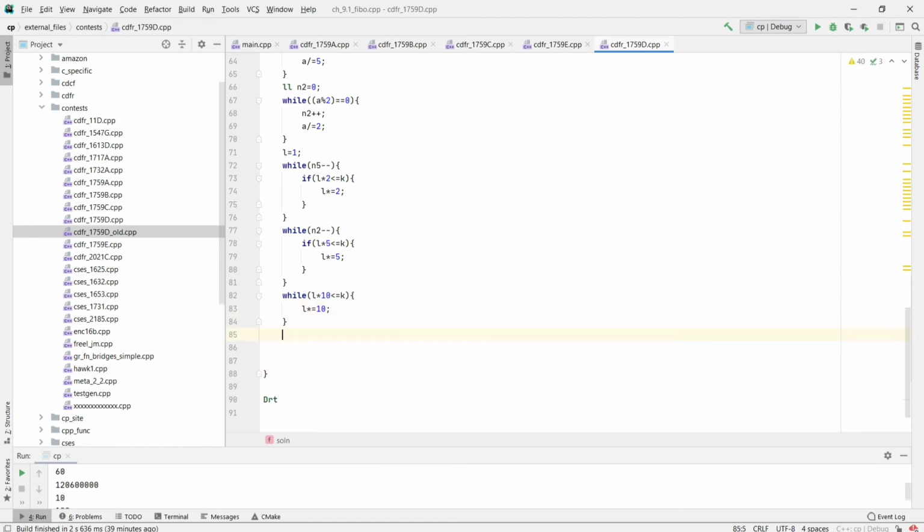After that we have to find the maximum number less than or equal to k. So in that case we basically have to find the multiplier.